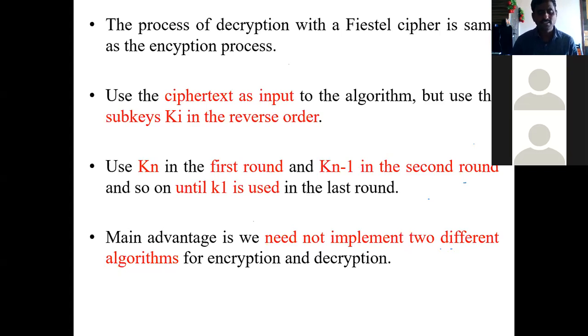This cipher structure we use in DES, the Data Encryption Standard algorithm. There we will see the structure. The structure is helpful in discussing the Data Encryption Standard algorithm, and not only in DES, it is more useful in conventional encryption algorithms. So that we will see.